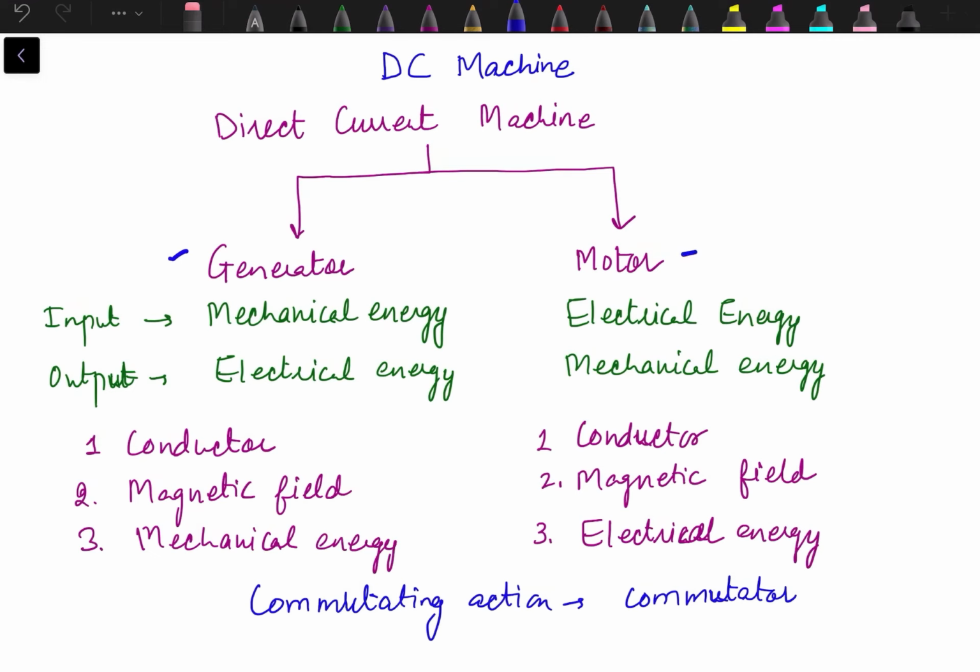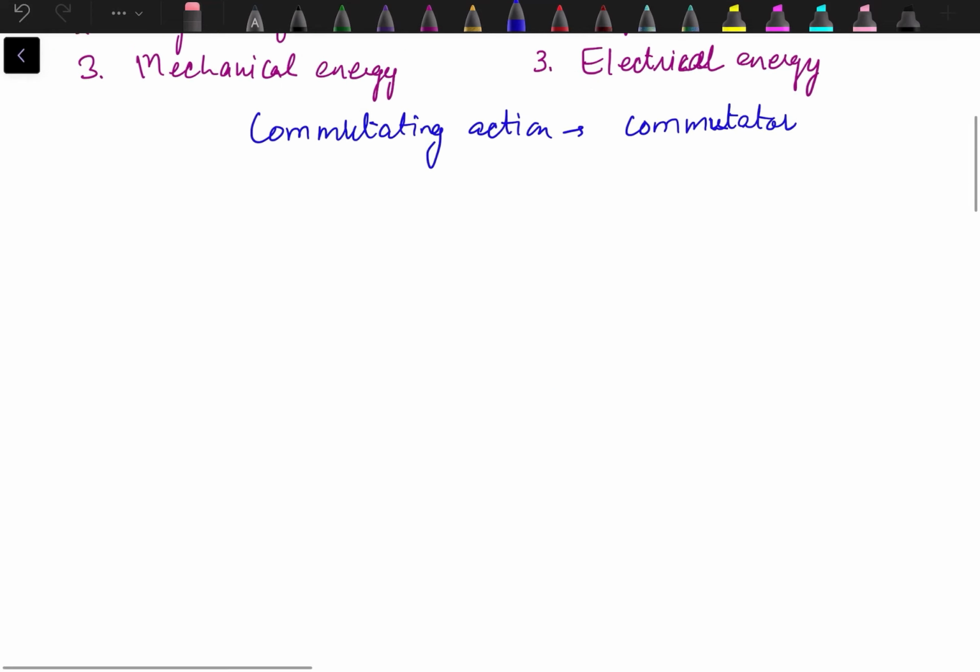While the motors are widely used, they are commonly used in automobiles, in aircraft, or in portable electronic devices. In addition to this, these are used in applications where we need to control the speed over a wide range.